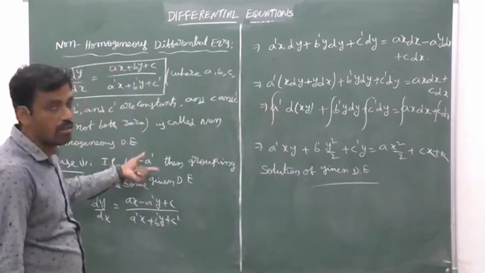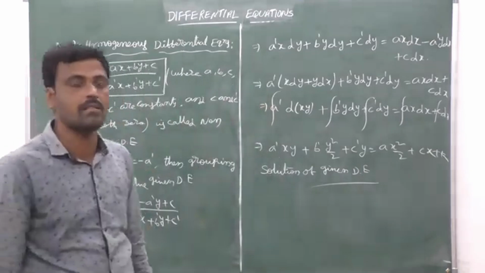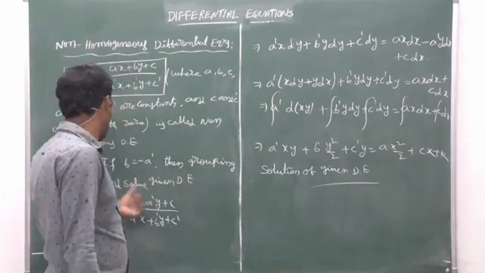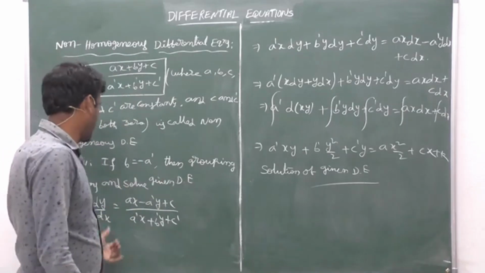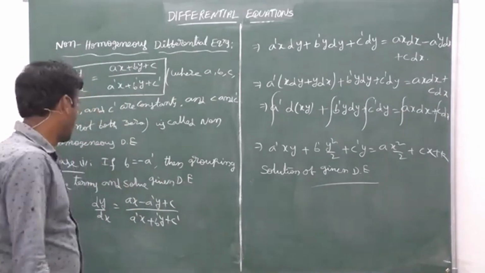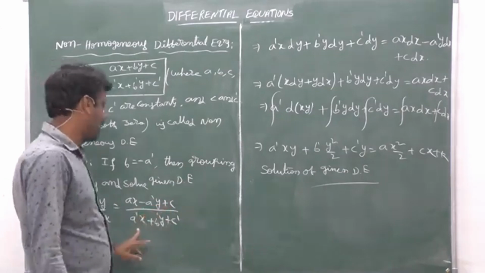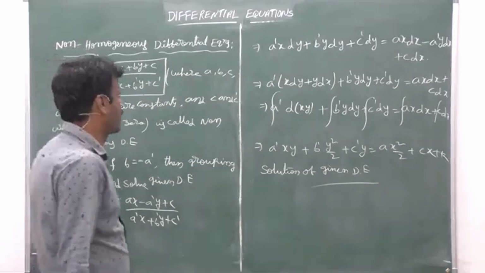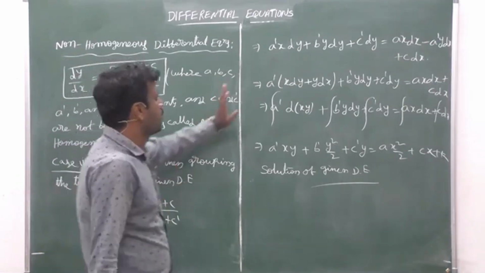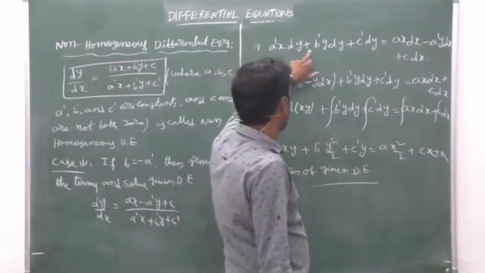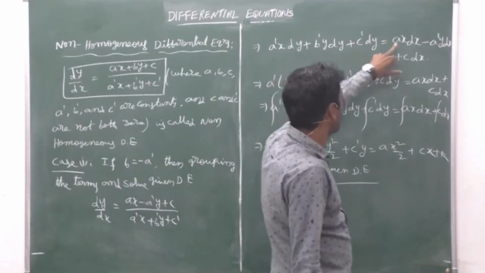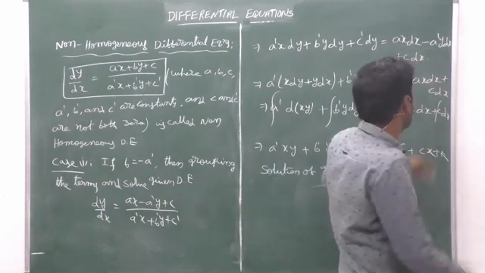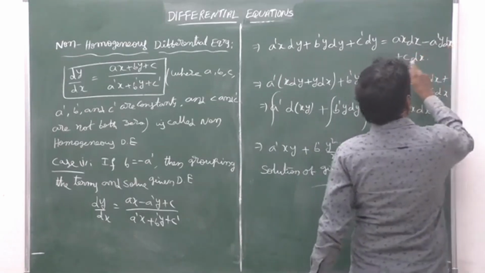If b equal to minus a dash, case 1, then grouping the terms and solve the given dE. dy by dx equal to (ax minus a dash y plus c) by (a dash x plus b dash y plus c dash). Now cross multiplication we get a dash x dy, b dash y dy, c dash dy equal to ax dx minus a dash y dx plus c dx.